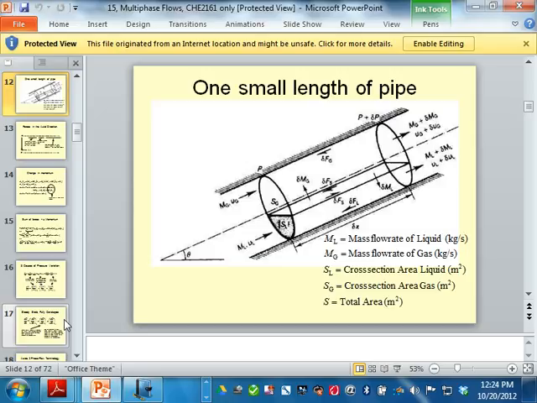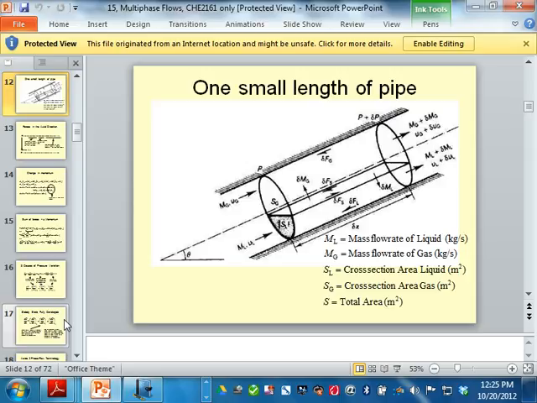For flow in a pipe, there are three basic forces acting. These three in total will contribute to your pressure drop.